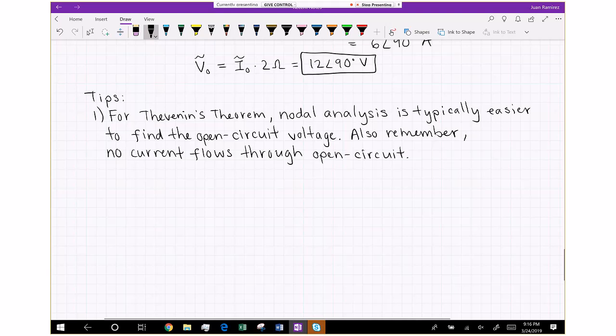So if there's a series impedance with your open circuit, there's no voltage drop across it. And for Norton's theorem, kind of the same type of tip. Mesh analysis is typically easier for finding the short circuit current.